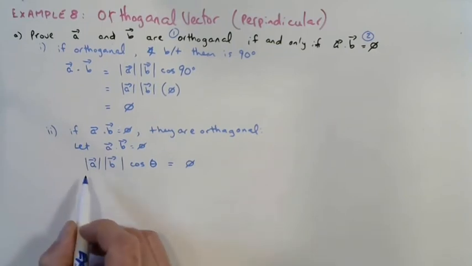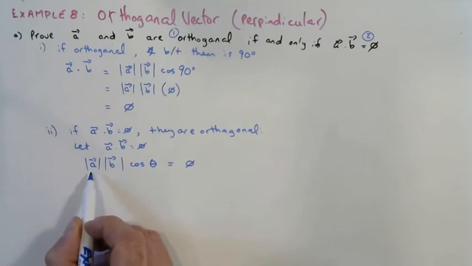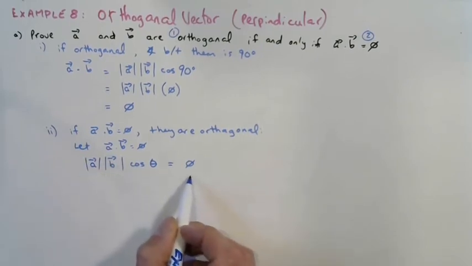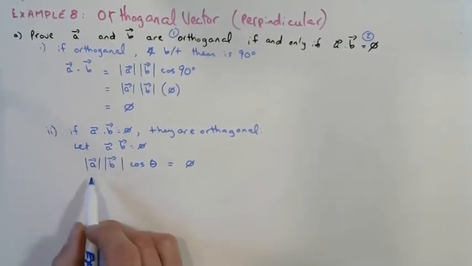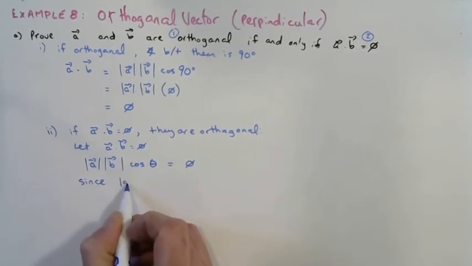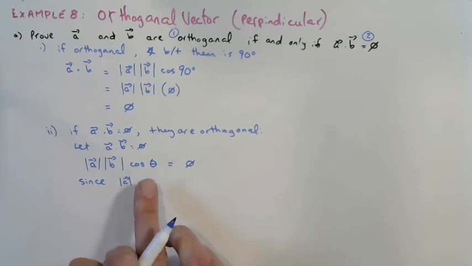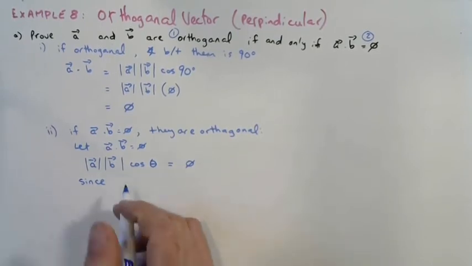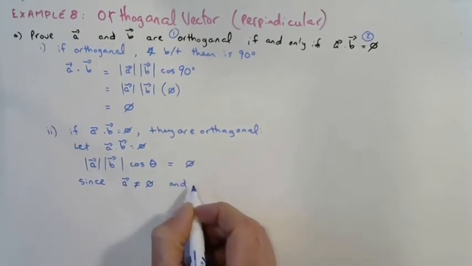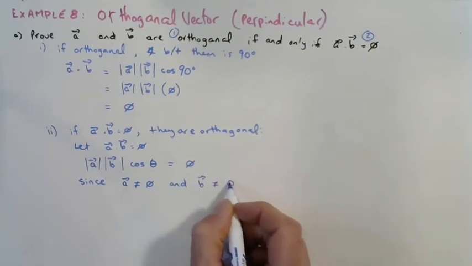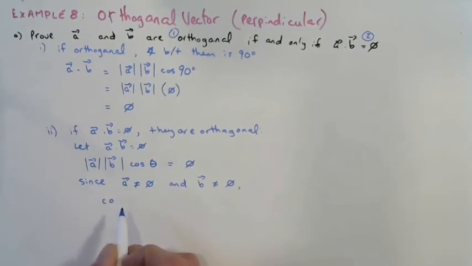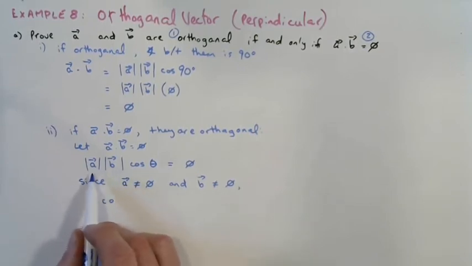Since the vector A cannot be 0 and the vector B cannot be 0, then we can divide both sides by the product of the magnitudes of A and B, okay?